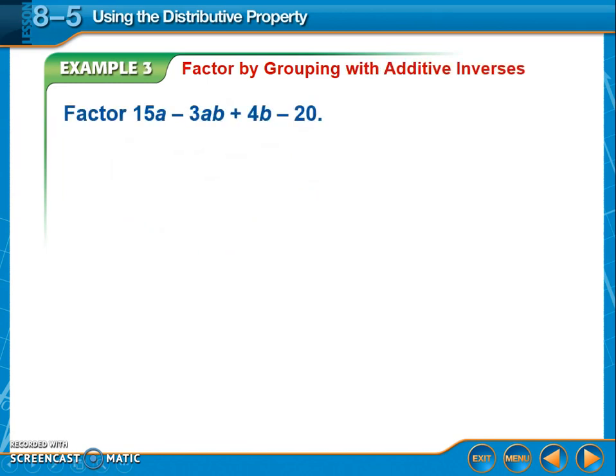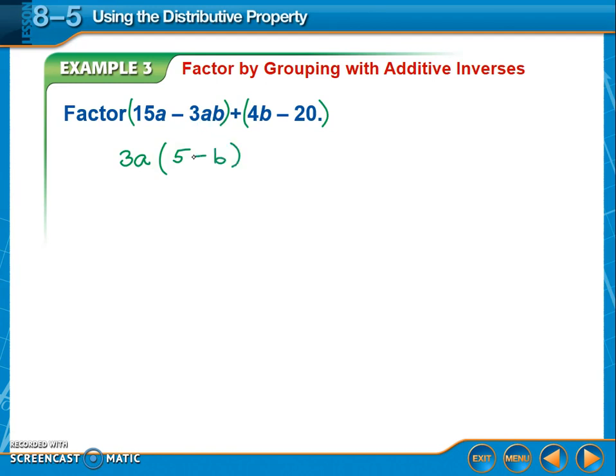Okay, so again, I look at this, and there's nothing that's common to all four terms. So I'm thinking factoring by grouping. I group them together like that. For the first two terms, I have 3 and a that go evenly into both of those terms. If I pull out 3a, 15a divided by 3a is 5, and negative 3ab divided by 3a is just negative b.